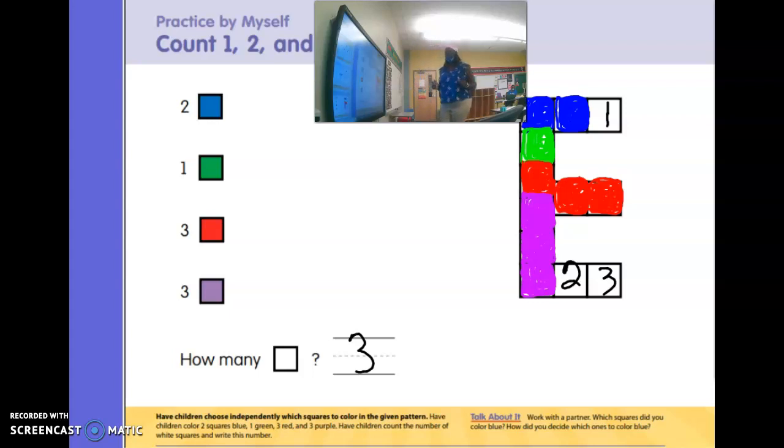So let's go over it one more time. You should have 2 blues, right? Great. 1 green. Yes. 3 reds. Correct. 3 purples. Great job. And whites, we're going to have 1, 2, and 3.